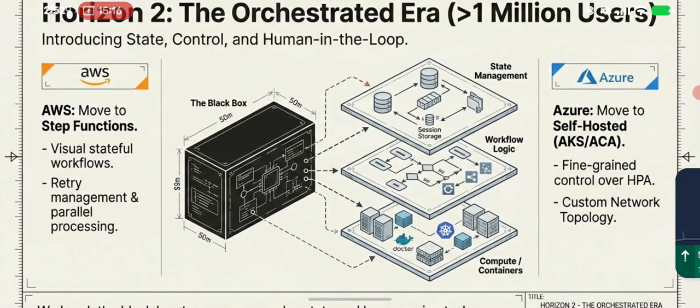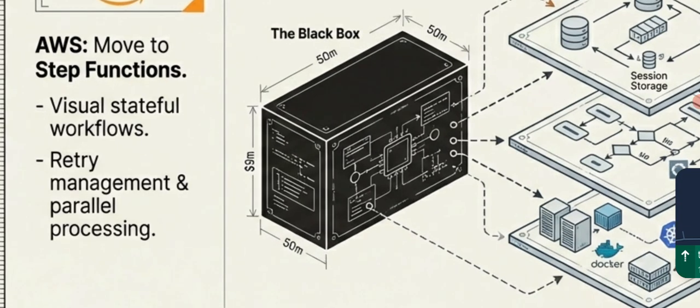So suppose now your solution's number of users is increasing and you need to cater to more than 1 million users, how can the solution be redesigned? For these very same agents in AWS, we can create stateful workflows, for which we can use Step Functions, within which we have state machines.